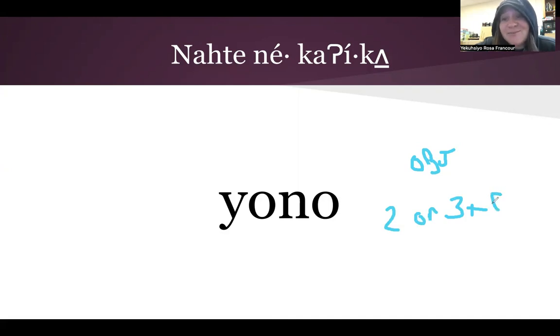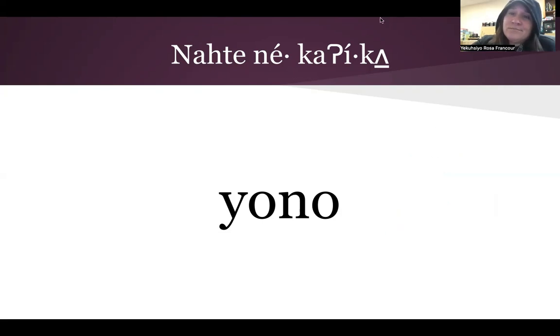It has two meanings, okay? I don't want to say it's a trick, but I just want you to be aware that sometimes it can be more than one. So it's not a trick question, it just might have more than one answer. It's either two females or it's three or more females. So I just wrote 2 or 3 plus F. So females, okay? So that is that pronoun.